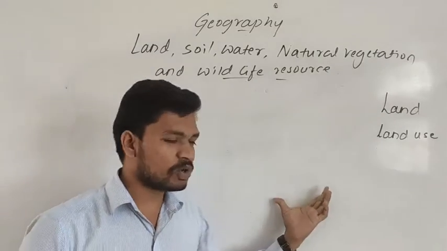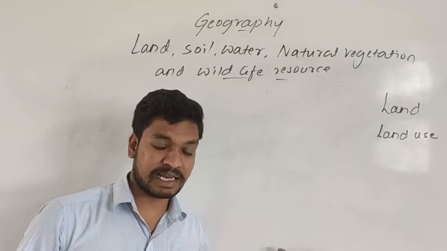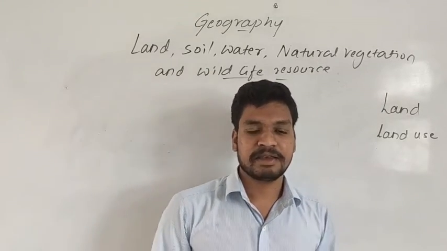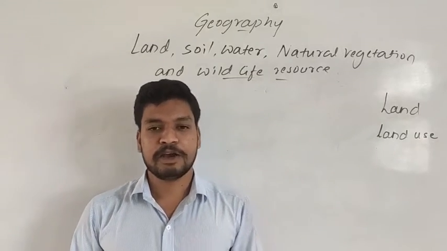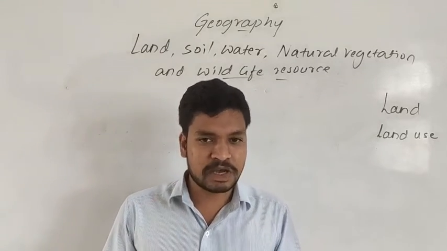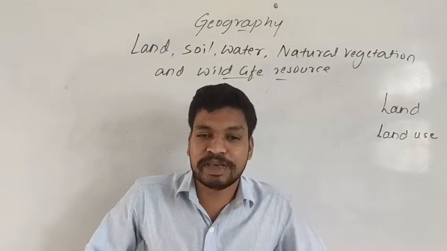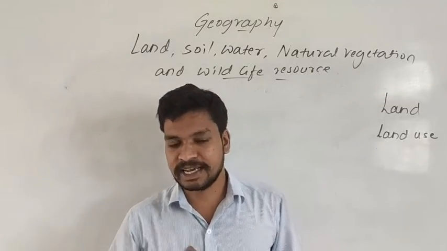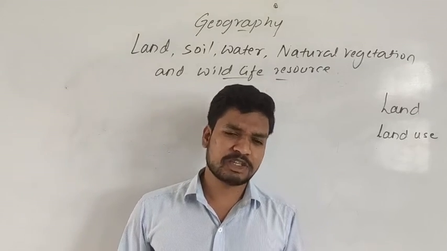That's what I wrote as the last concept in the last class. The physical factors and human factors are the two factors which influence us to make use of land. One physical factor is topography. What is topography?